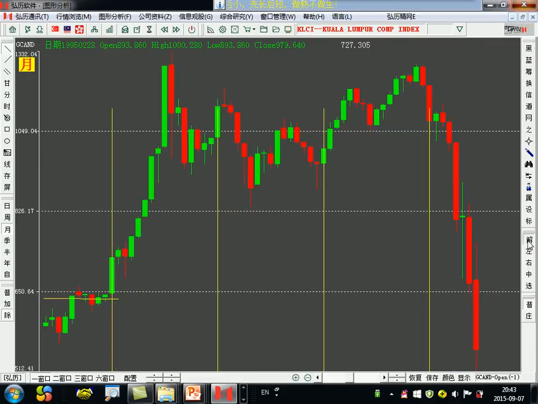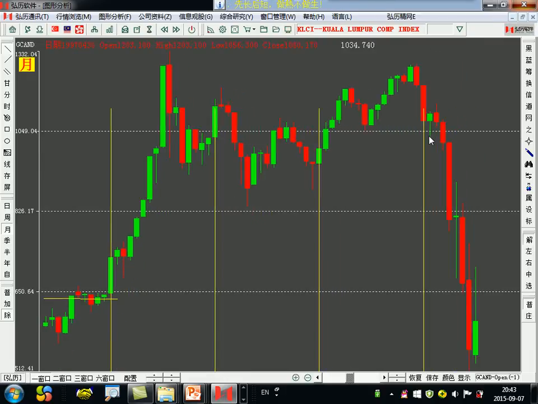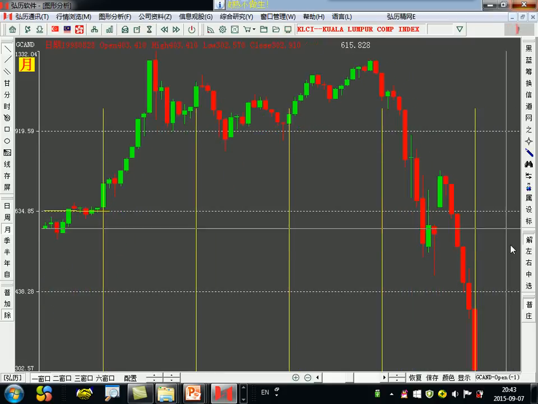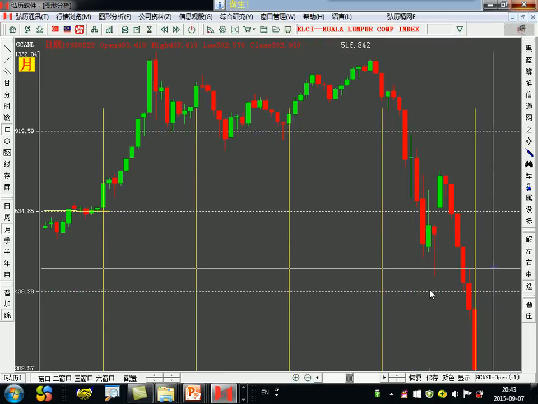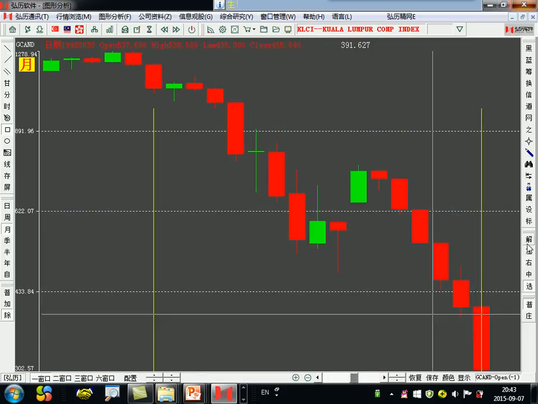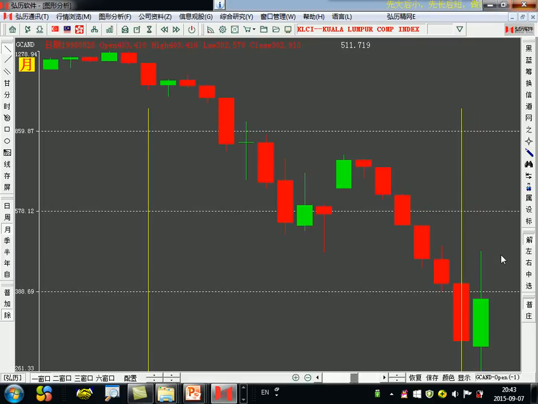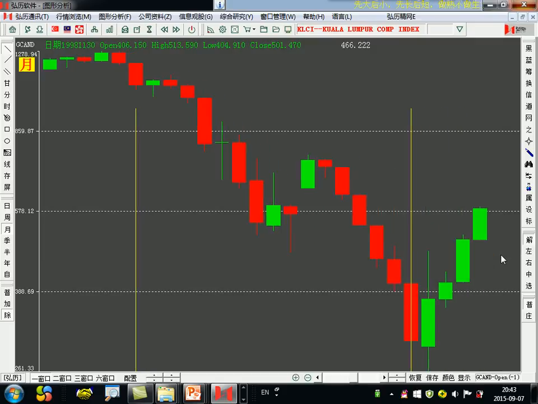And here should be the beginning of the downtrend. And here should be the low point. Actually, here is the lowest point. This one is 1998 after the crash. The next massive go up.